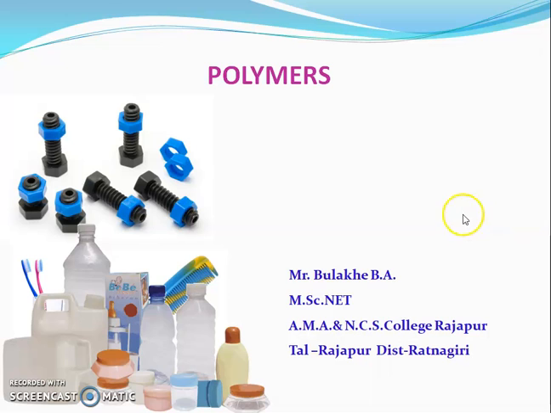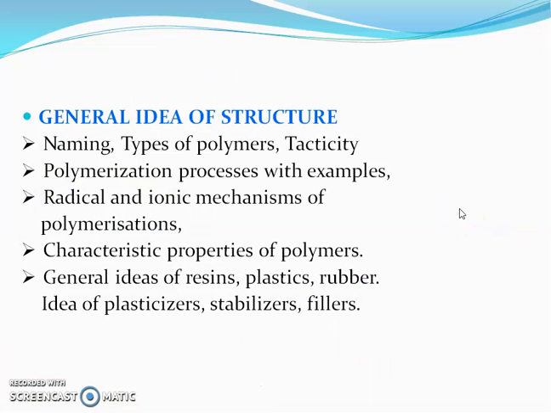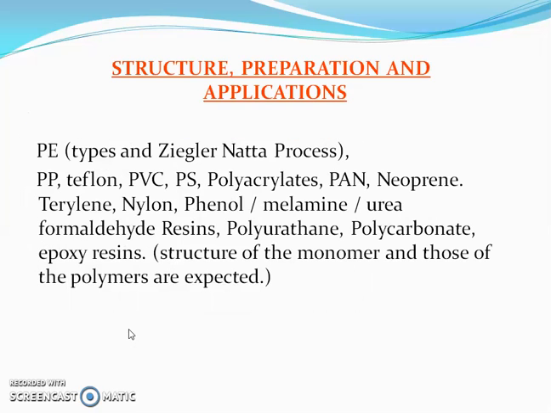In this chapter we are going to discuss some points, that is naming, types of polymers, tacticity, polymerization processes with examples, radical and various ionic mechanisms of polymerization, characteristics and properties of polymers, general ideas of resins, plastics, rubbers, and the idea of plasticizers, stabilizers, fillers, etc.